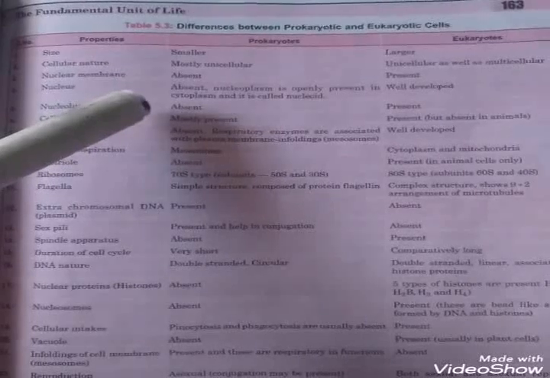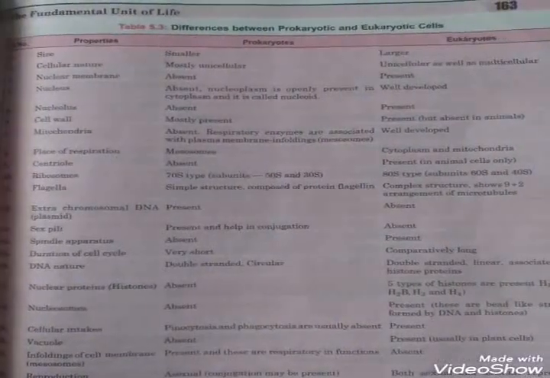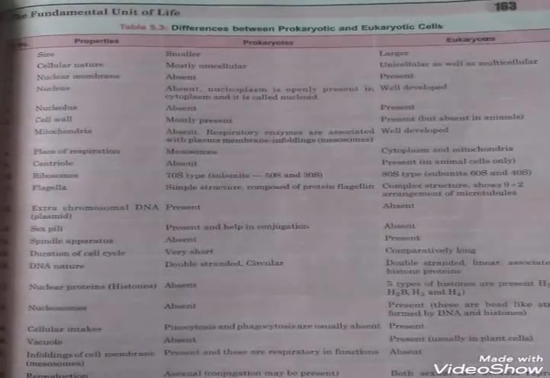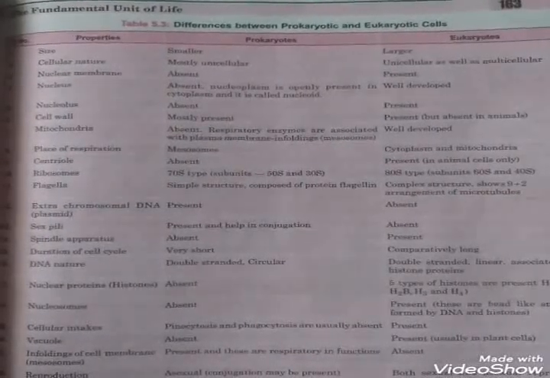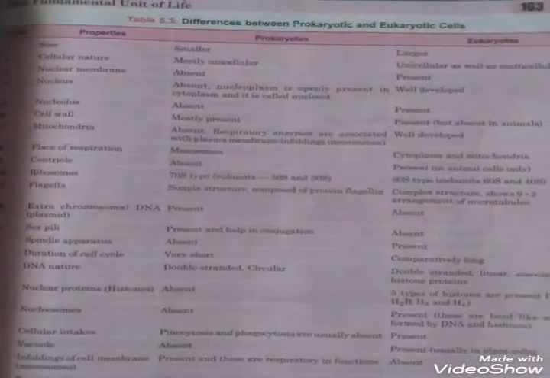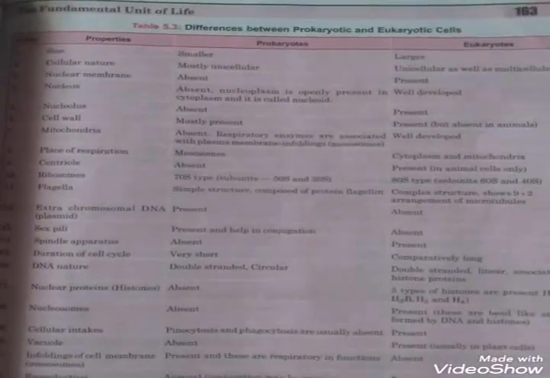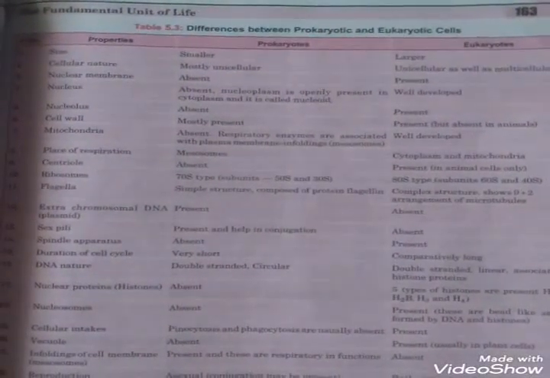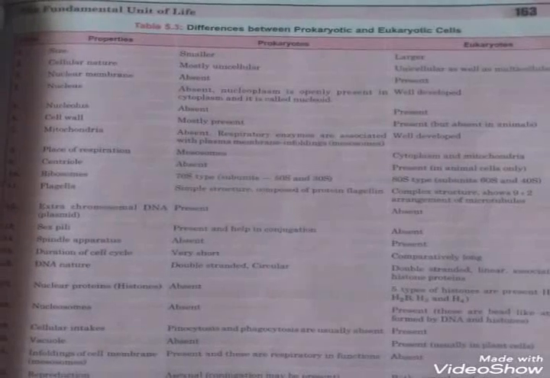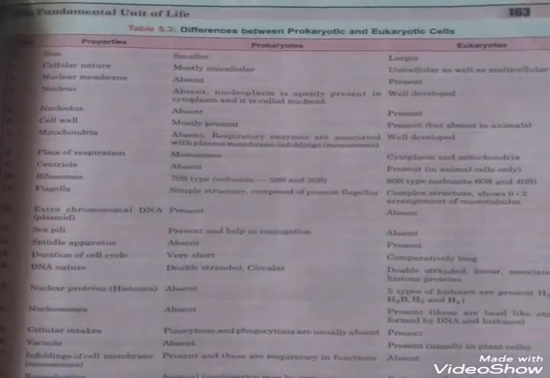Prokaryotes are only unicellular or single-celled, but eukaryotes are unicellular as well as multicellular. The nuclear membrane, which surrounds the nucleus, is absent in prokaryotic cells and present in eukaryotic cells.